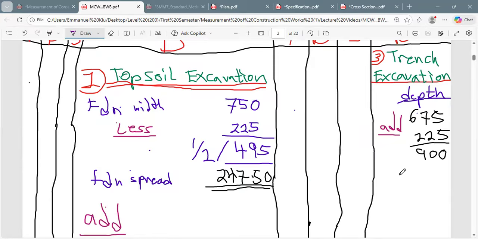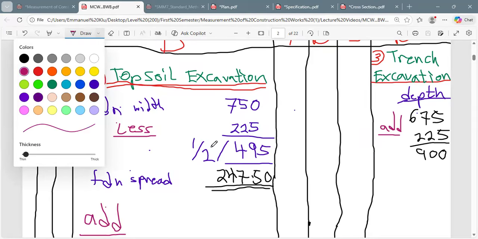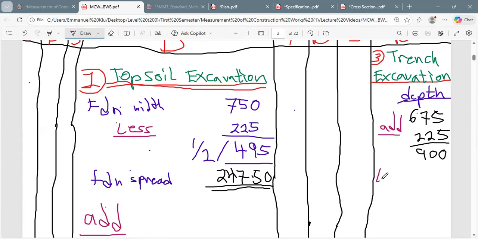I'm supposed to less topsoil. Someone is asking which topsoil. Okay, I'll be showing you very soon. So we say that let's less the topsoil.